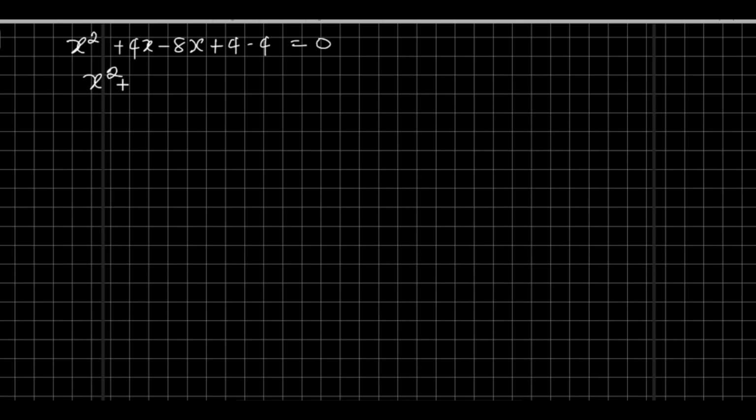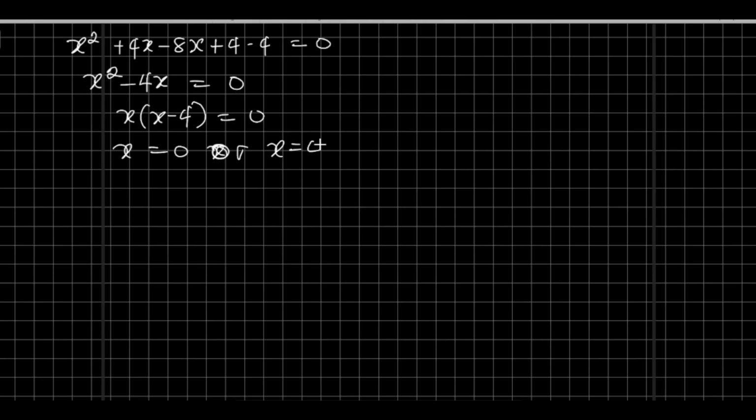So we have x squared minus 4x, and 4 minus 4 will be 0, equals 0. So we have x bracket x minus 4 equals 0, so x equals 0 or x equals 4.